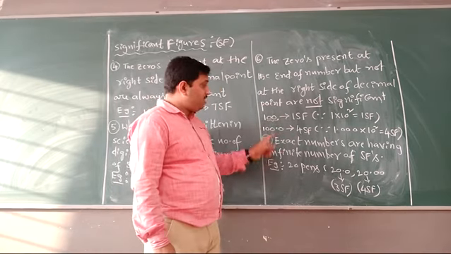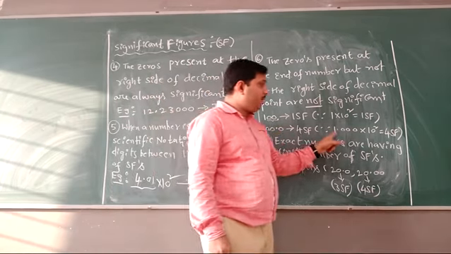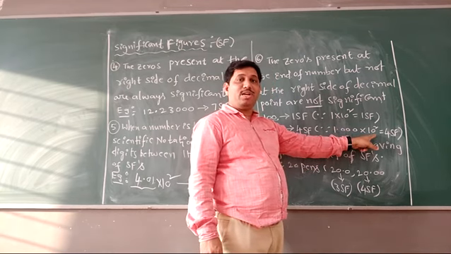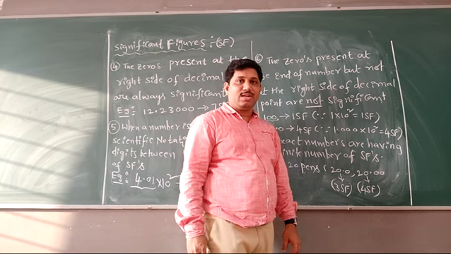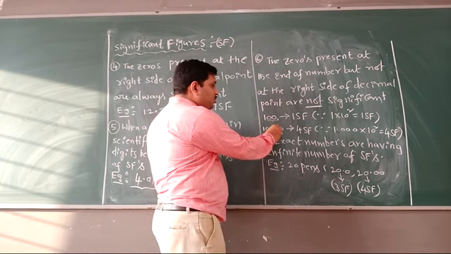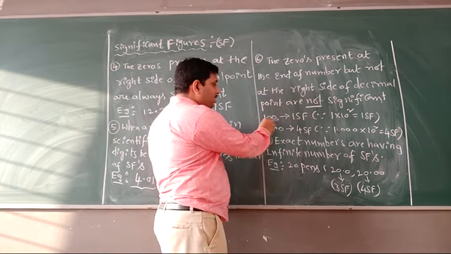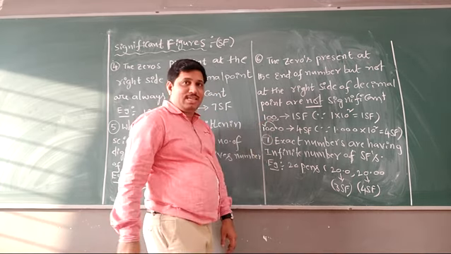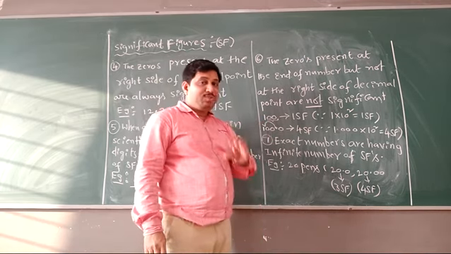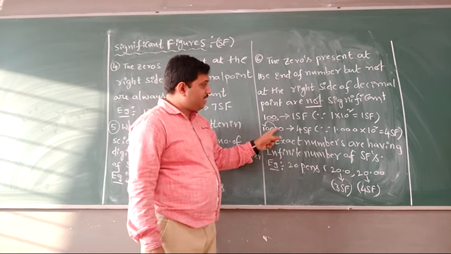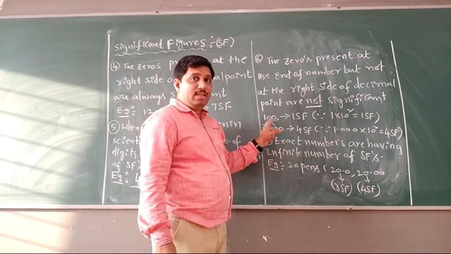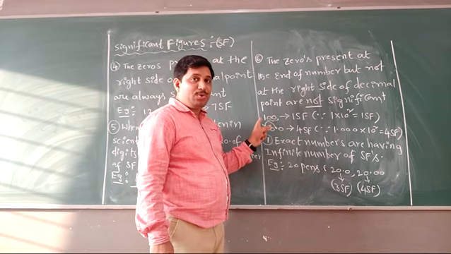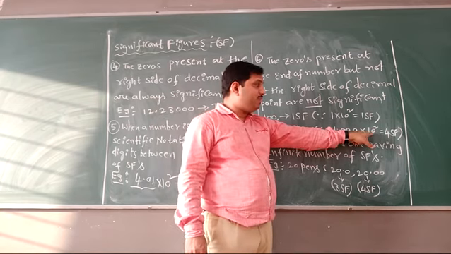For this one, the proof is also there. That is, students, this 100.0 can be written as 1.000 into 10 square. Why? Because, students, according to the scientific notation concept, if the decimal point moves towards left by 2 places, then 2 is the power of the 10.